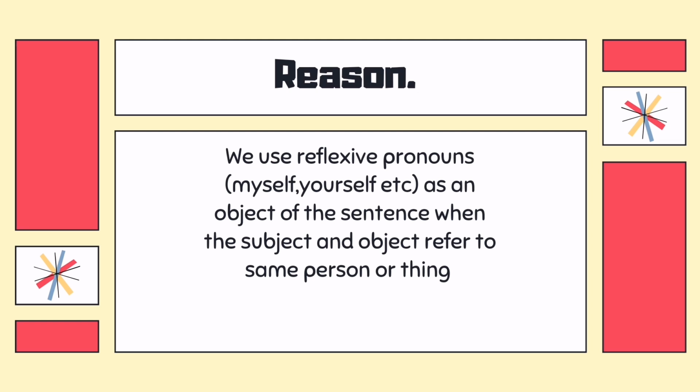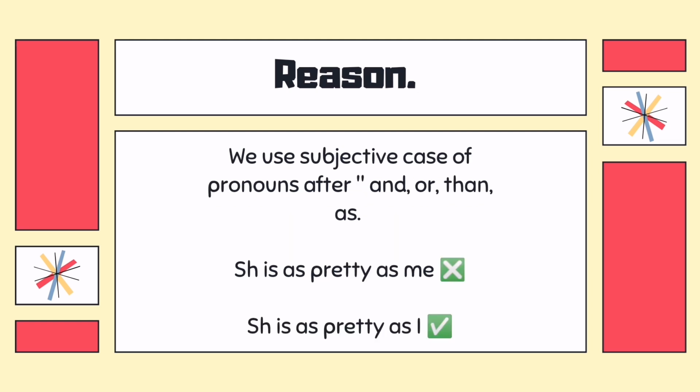There is another reason as well. We use the subjective case of pronouns after and, or, than, and as. For example, it is not right if you say she is as pretty as me. Me is an objective case of pronoun. Instead, you will say she is as pretty as I because of as.